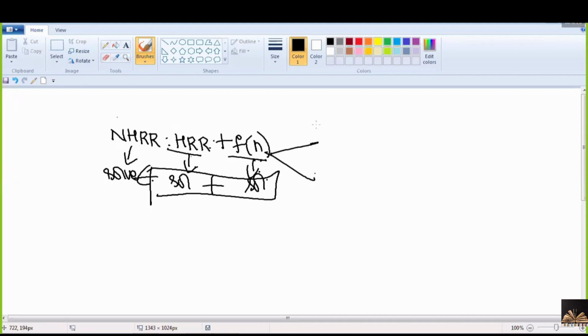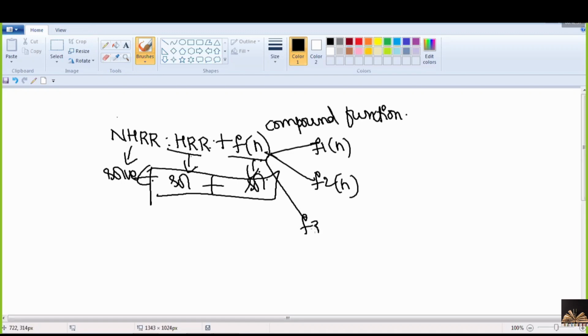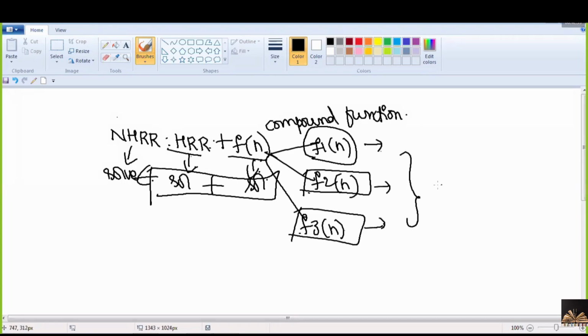Suppose the given function f of n is a compound function, meaning a combination of two or more functions like f1 of n, f2 of n, f3 of n. Then you find the solution for these functions individually, find the solution for f1 of n, f2 of n, f3 of n, and combine all these solutions, which will give you the solution of the compound function.